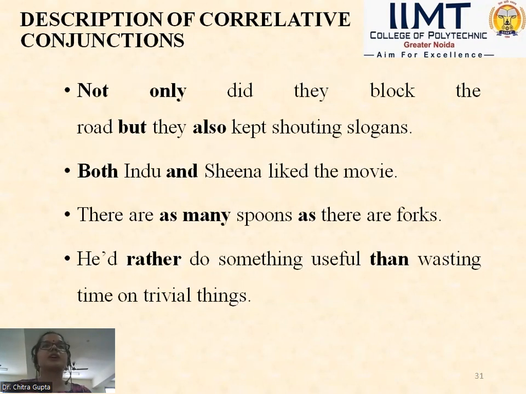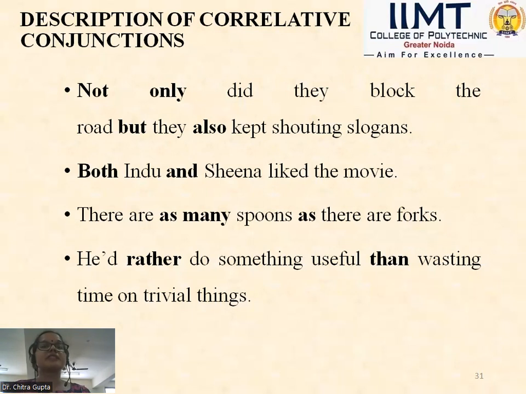Another one is, not only did they block the road, but also kept shouting slogans. Here we can see that not only have the people blocked the road, but they also kept shouting slogans at regular intervals.